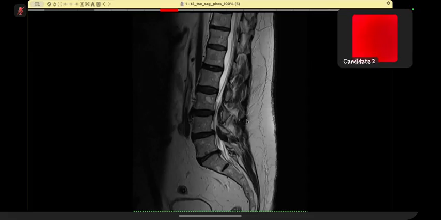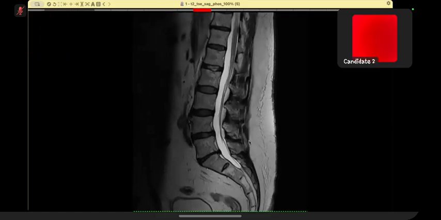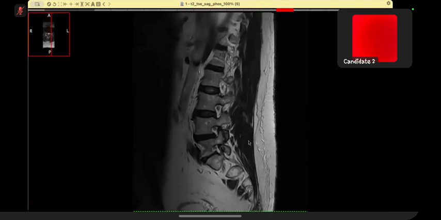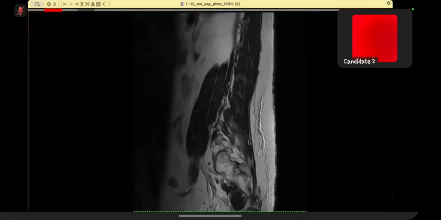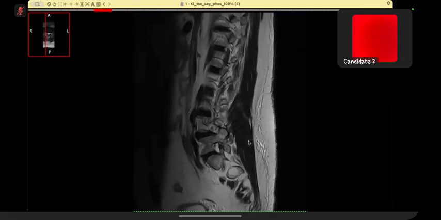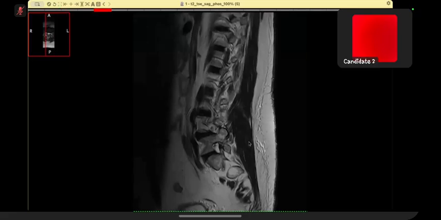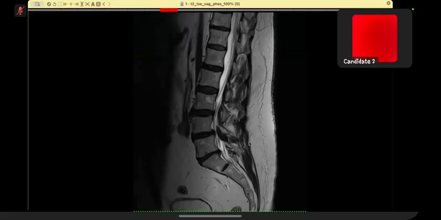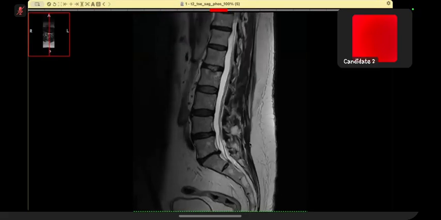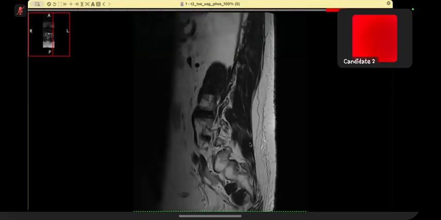Okay, so I've been presented with a patient who has pinpoint pain, but no sciatica or red flag symptoms. These are sagittal T2 weighted images. I'll just scroll through the images first to see if I can pick up any obvious findings. On the parasagittal images, I can see there are some underlying degenerative changes.